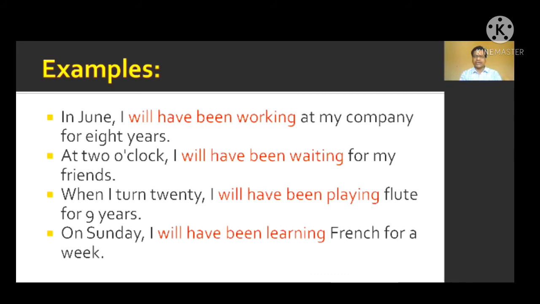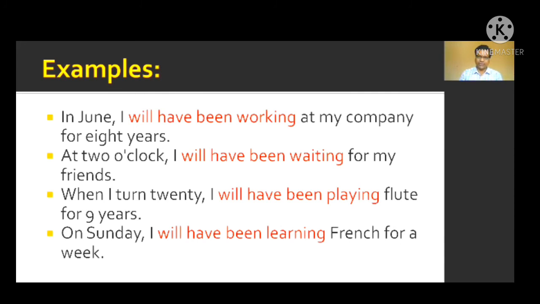Shall or will, future tense indicators. Have been is indicating the perfect form, and working indicates the continuous form or progressive form. So the first word, shall or will, is the future tense maker or indicator.